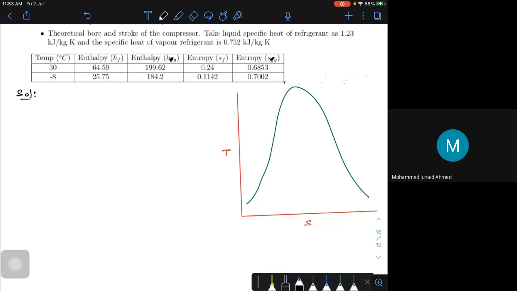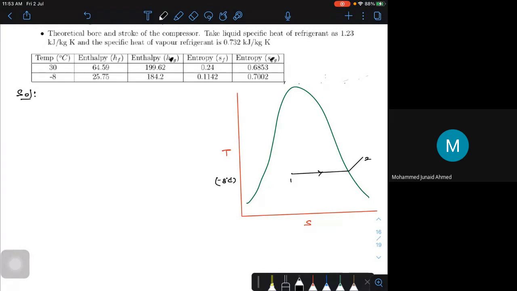Now what is it actually? From 1, it is going to the dry condition. Now this is getting superheated by certain degrees. This is your minus 8 degrees. This is your point 1 and this is your point 2.